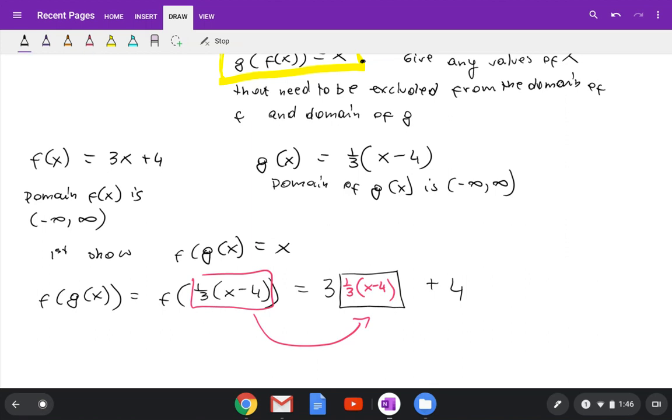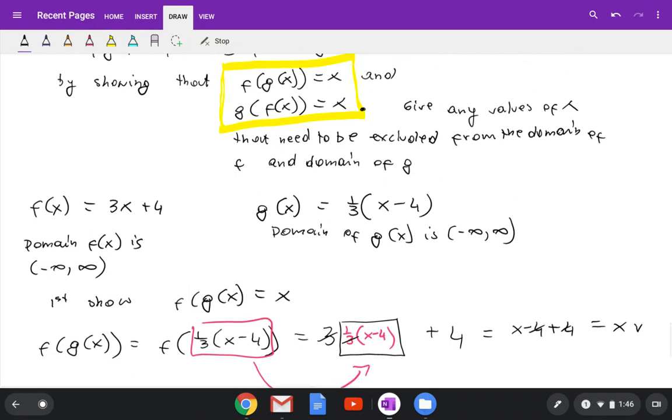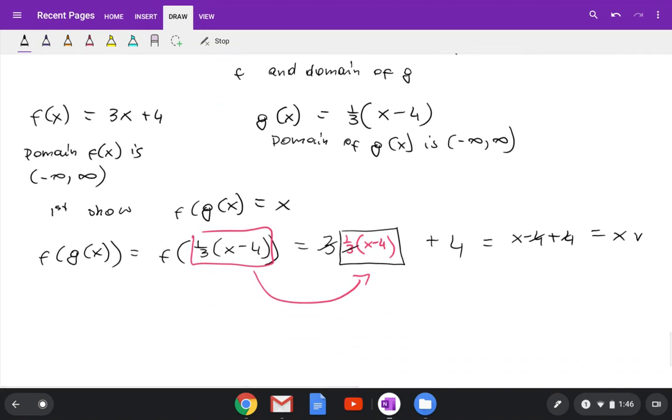So we will simplify that. 3 times 1/3 will cancel, so we end up with x minus 4 plus 4, which is just x. So we're good. So far, the first condition works, that f composed with its inverse, which is g, will give you x.